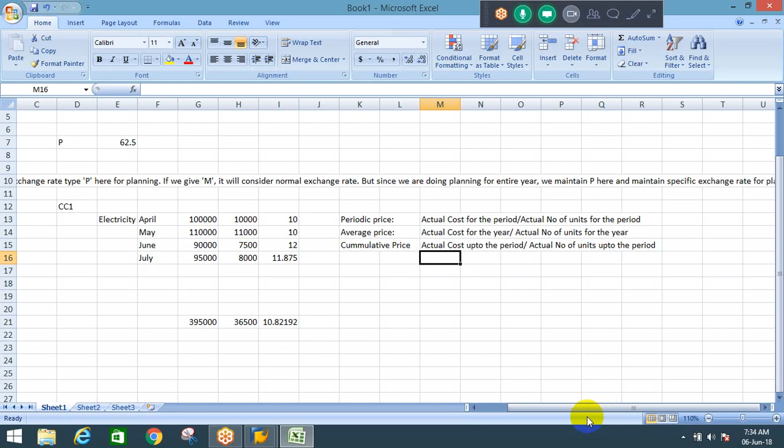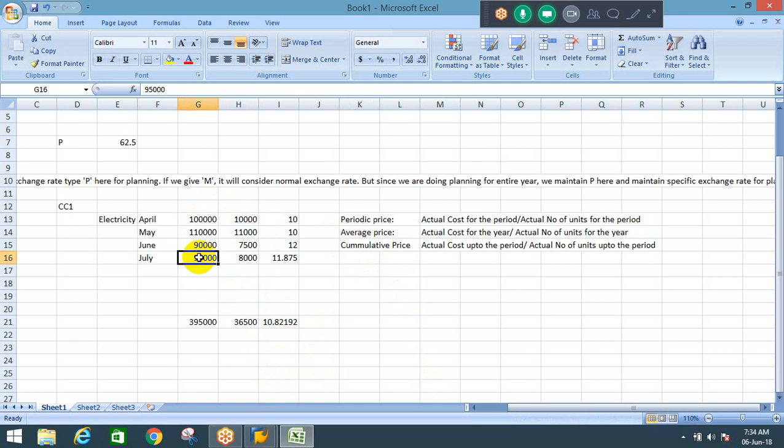Okay, so you know what a period is. Periodic price is actual cost for the period divided by actual number of units. Average price means total cost for the year divided by total actual number of units for the year. And cumulative price means, suppose we are in the month of May, April cost plus May cost divided by April units plus May units.